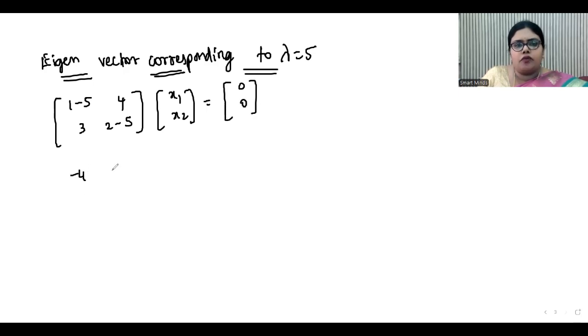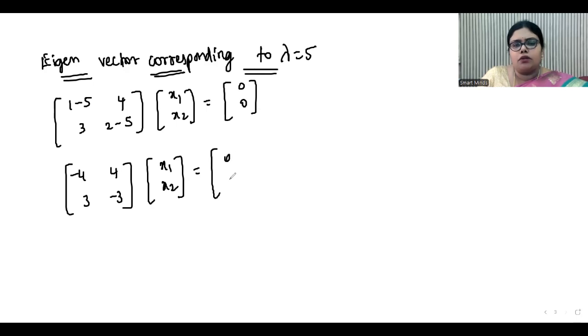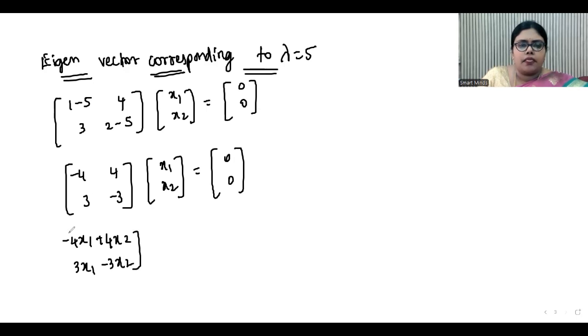So [minus 4, 4; 3, minus 3] into [x1, x2] is equal to [0, 0]. Now multiply first row with first column: minus 4x1 plus 4x2, 3x1 minus 3x2 is equal to 0, 0.